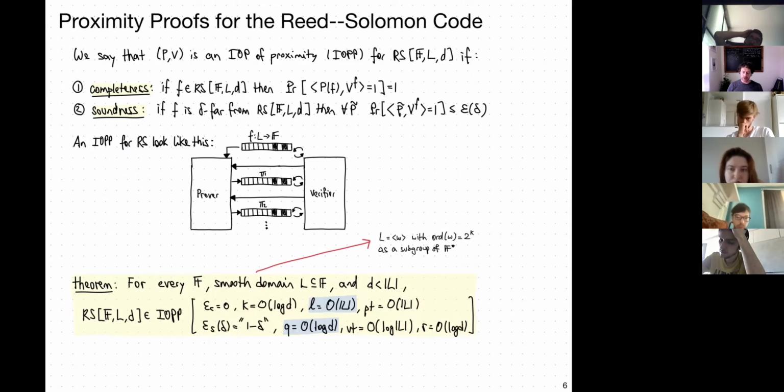And the randomness complexity would be logarithmic. So all the parameters are as tight and as nice as we can pretty much hope. Okay, so that's the theorem. Let me quickly skim if there are any questions. I think no, but feel free to unmute if you have anything to ask.